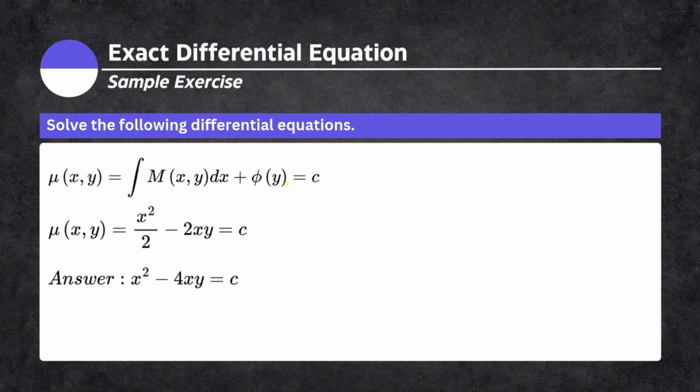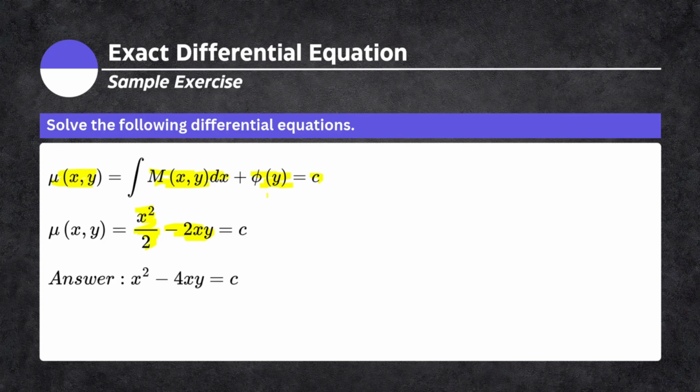So going back to our original solution, the format of our solution for this exact equation is the u function equals the integral of the m function plus the phi of y equals c. So substitute those values. For the integral of the m function dx, we have x squared over 2 minus 2xy, and since our phi of y is 0, we can disregard that.